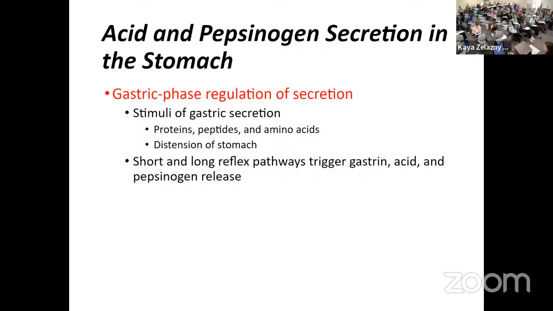Okay. It's not the place all of our protein digestion happens, but it's the first part, right? Okay. So when we sense in the stomach with other receptors that we have these products, the proteins, the peptides, the amino acids, we're going to start to secrete more gastric secretions, so the acid and the pepsinogen.